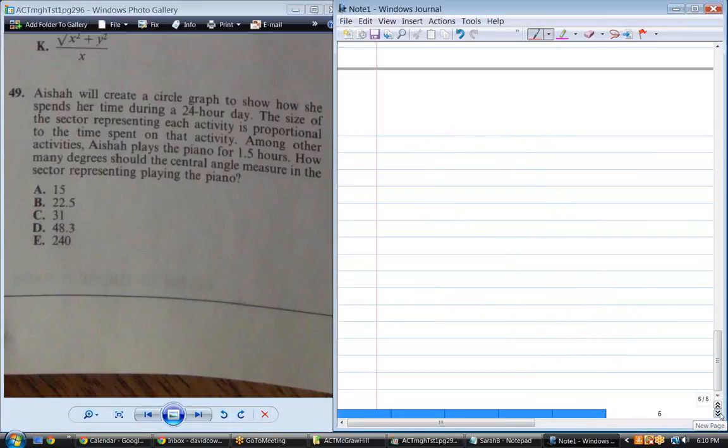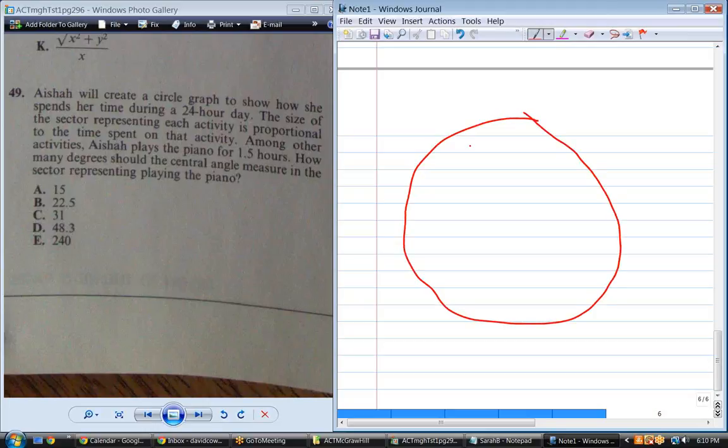Okay, so Aisha is going to create a circle graph to show how she spends her 24-hour day. And she is going to draw a sector for playing the piano that is going to be 1.5 hours. What should that angle be?